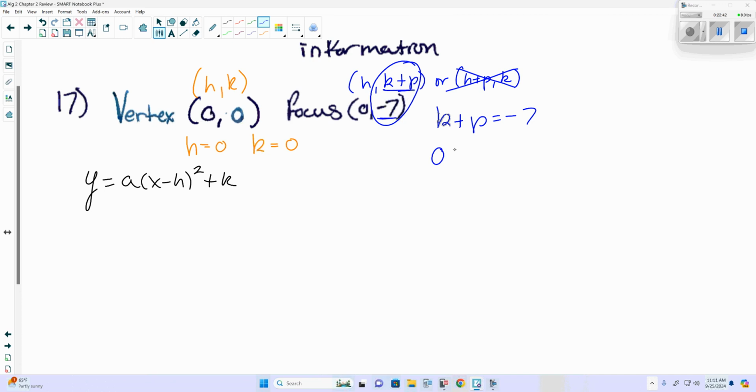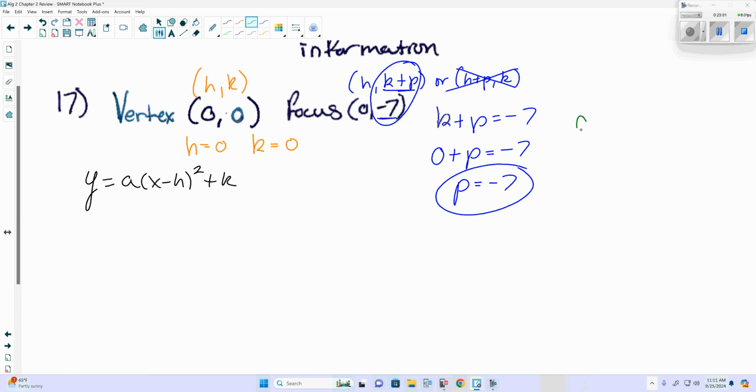K was told to us to be 0, so 0 plus P is -7. Well, 0 plus anything is whatever the other thing is. So we have P equals -7. Since it is negative, our value of P is -7.